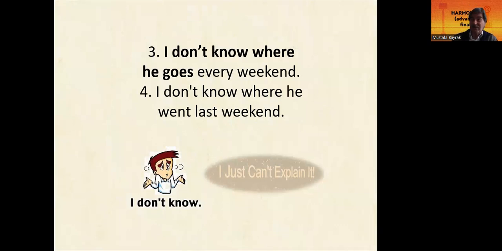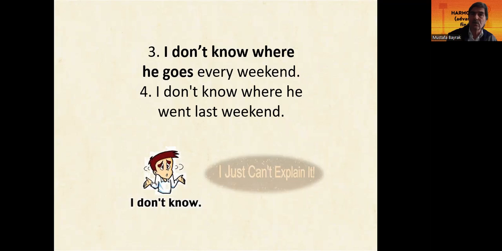We will also compare them, for example, the difference between an adjective clause and a noun clause. "I don't know the place which he goes to" is an adjective clause with "which", but "I don't know where he goes" is a noun clause. I don't know the city which he goes to is an adjective clause.